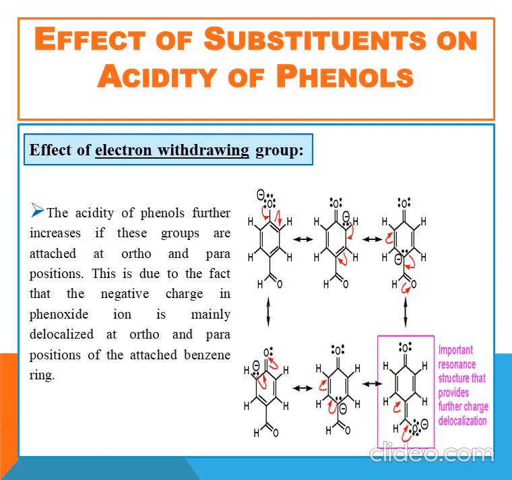Once the electron is taken by the oxygen, the phenyl ring becomes electron deficient. Once it becomes electron deficient, it will try to take more electrons from the phenoxide oxygen.